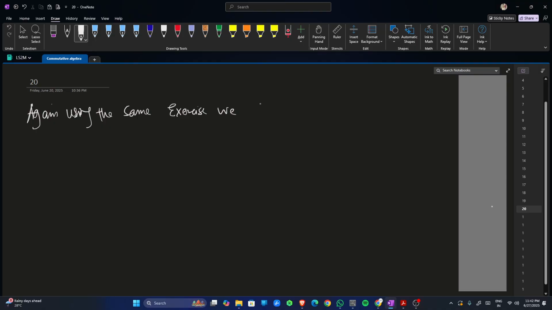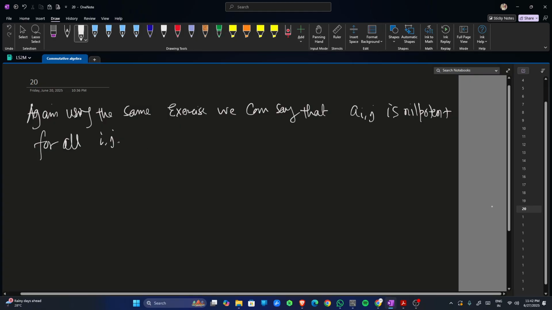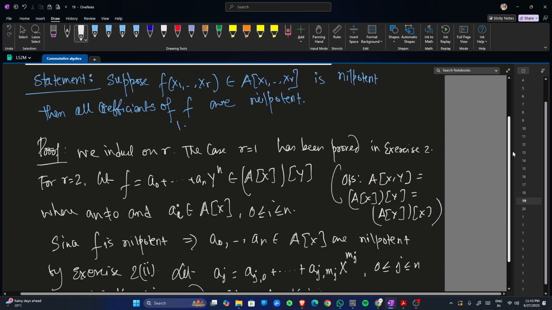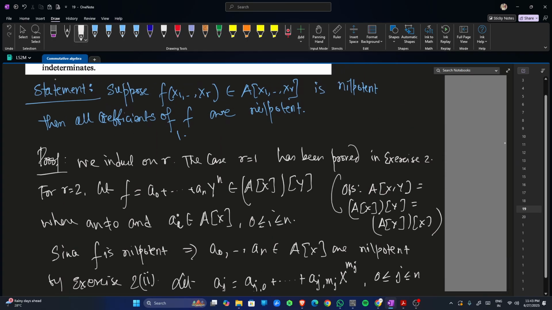So again, using the same exercise, we can say that aij is nilpotent for all i, j. This proves the first part, and the converse part follows from the same argument.